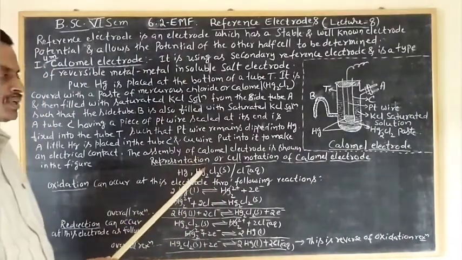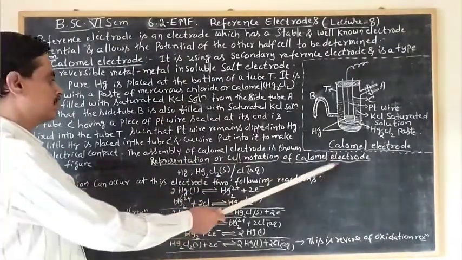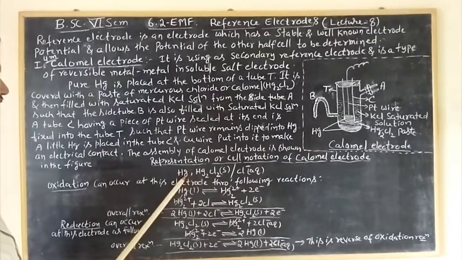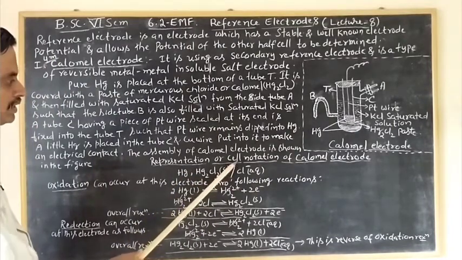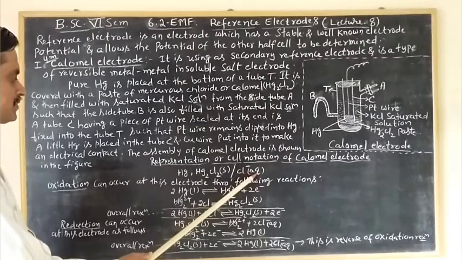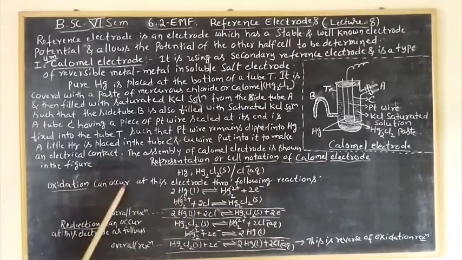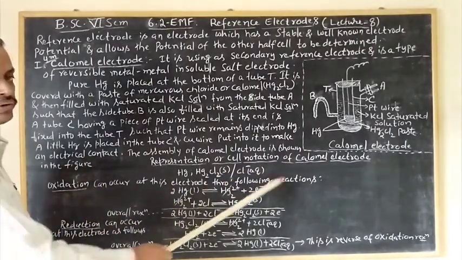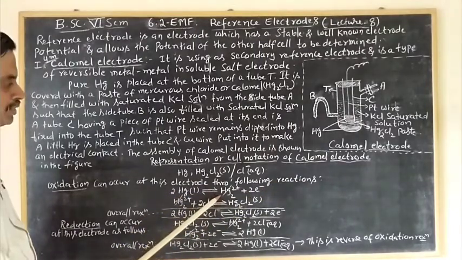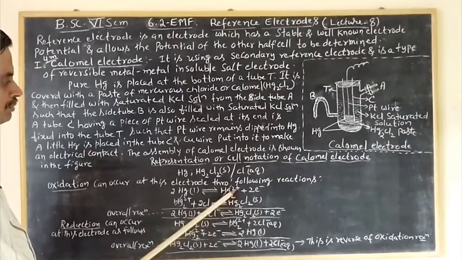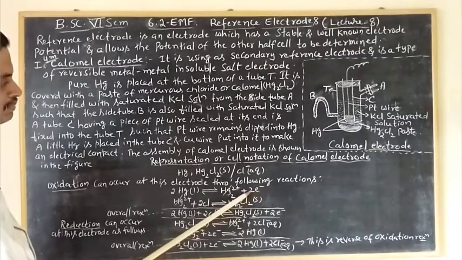So what is the representation, or the cell notation, of this calomel electrode? This is Hg | Hg2Cl2 (solid) | Cl⁻ (aqueous). Oxidation can occur at this electrode through the following reactions. 2Hg (liquid) gives rise to Hg2²⁺ by the loss of 2 electrons, that is, plus 2e⁻.